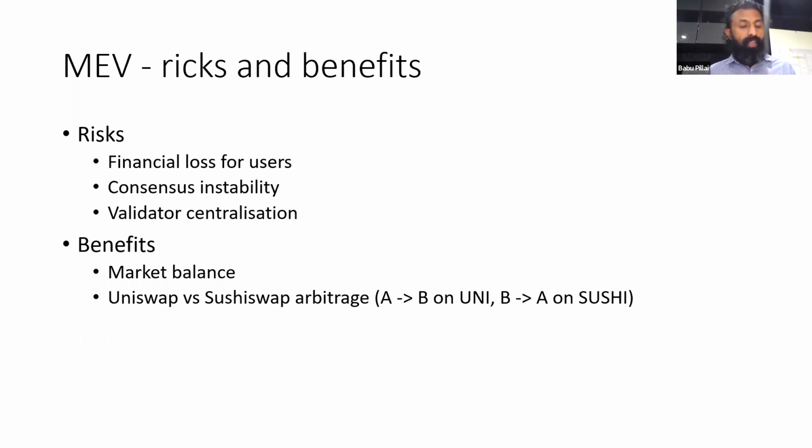In that situation, somebody can buy from the pool where there is a lot more and bring it here. That actually makes the market balance. That's a benefit there. So for example, Uniswap and SushiSwap, Arbitrum, OpenShift, that's a good one where the token price will be balanced between different networks.